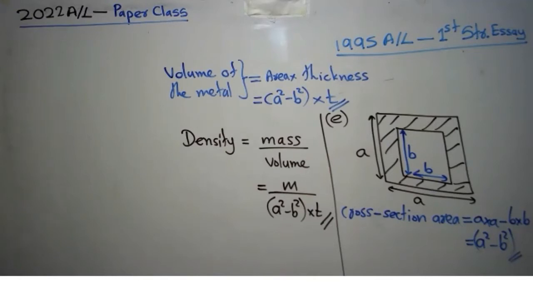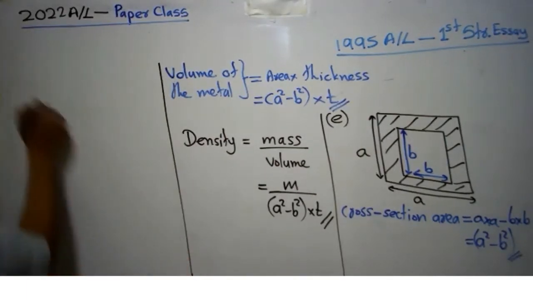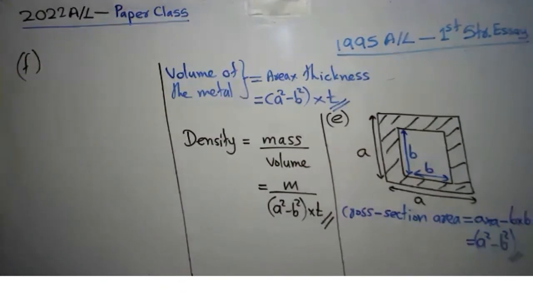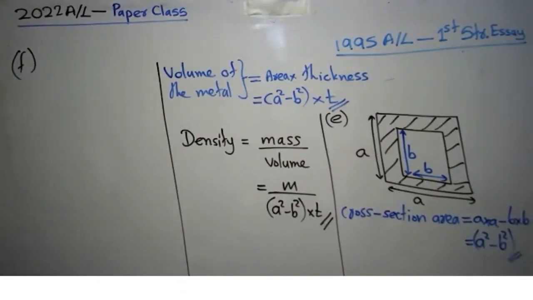Right, then let's go to the next part of the question, part F. The thickness T was measured at 5 different places of the sheet and the values obtained are given below. They have taken several readings to find the thickness of the sheet.